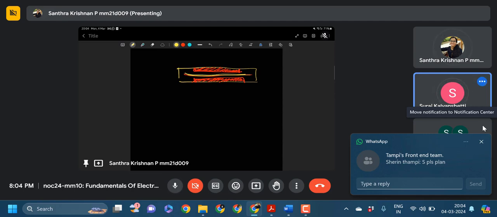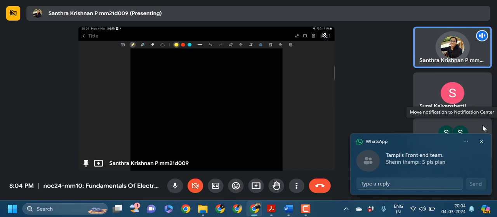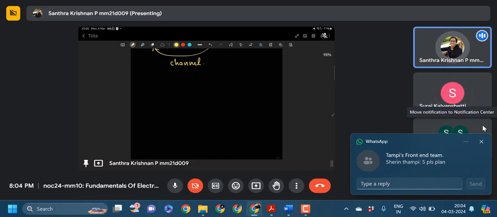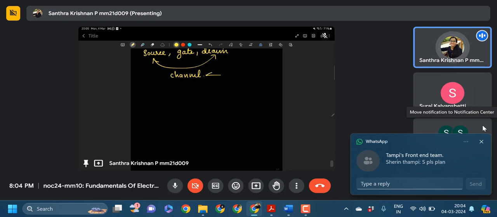Yeah, I can come to that bias. Let me first draw. In a JFET, there is the source, the gate, and the drain. The source and drain are connected by the channel, and this channel is the pathway for carrier transport.